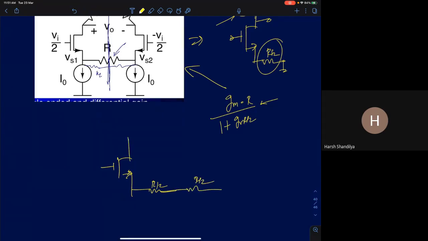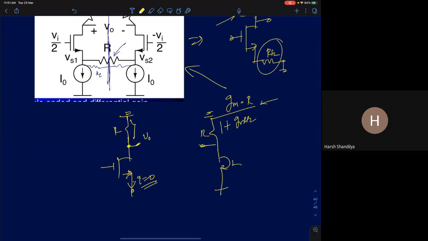We are drawing the common mode half circuit. So this is R and this is R here. The common mode gain is 0, right? Because this node is open. If this node is open, then as far as small signal is concerned, the source is at open circuit. So the drain current becomes 0. If the drain current is 0, then the voltage across the resistance will also be 0. So the common mode gain is 0 for the circuit.